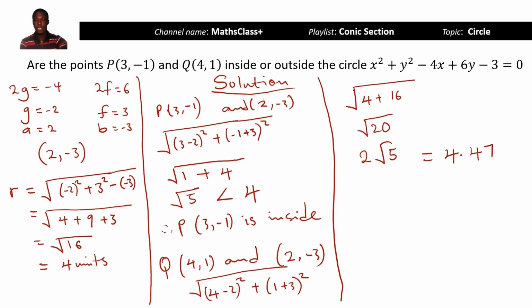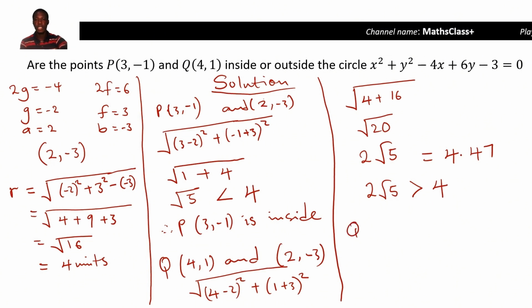That means 2 root 5 is greater than 4. Therefore, the point Q, which is (4, 1), lies outside the circle.